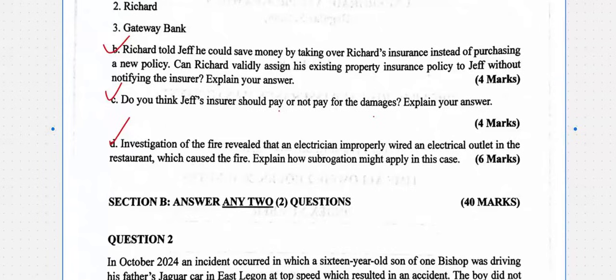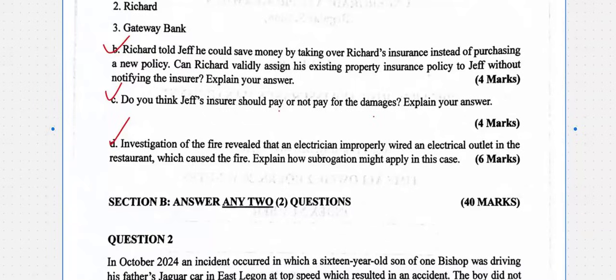There's a property loss exposure because it's affecting the building, the restaurant. So it's a property loss exposure. What was the source? How were they able to identify the loss exposure? Through investigation or inspection. So investigation of the fire revealed that an electrician improperly wired an electrical outlet.